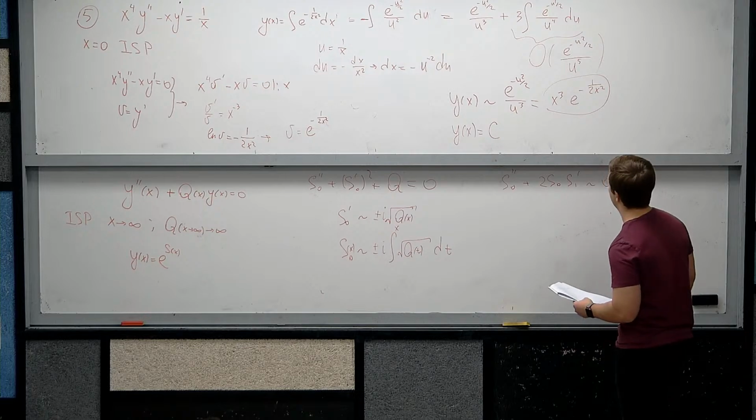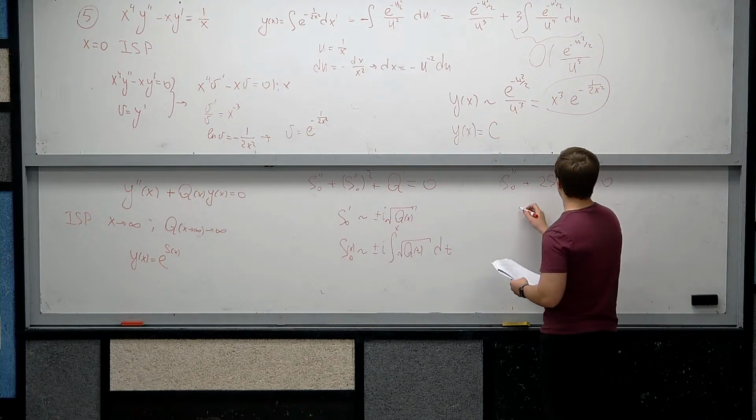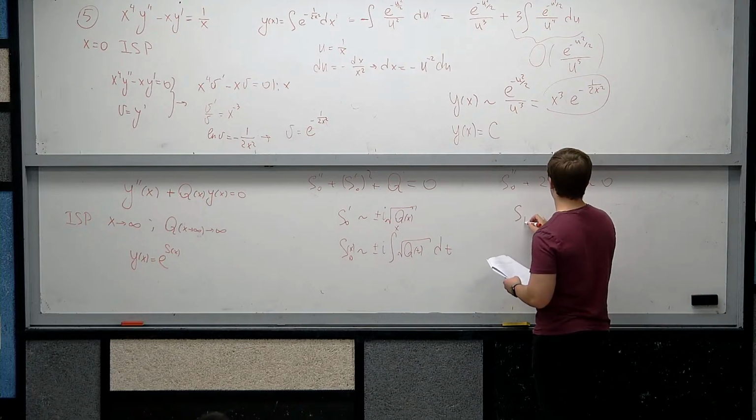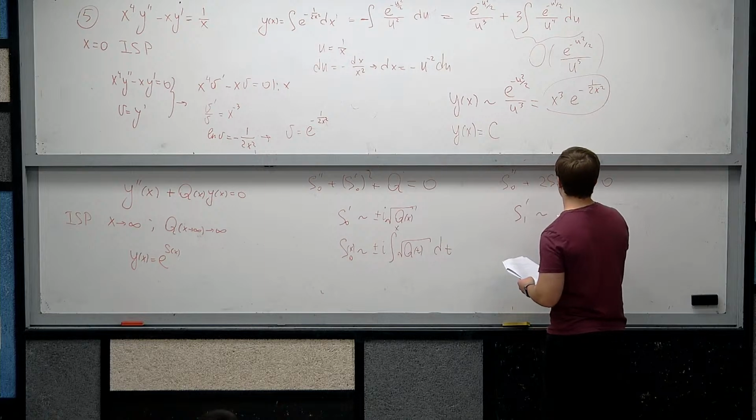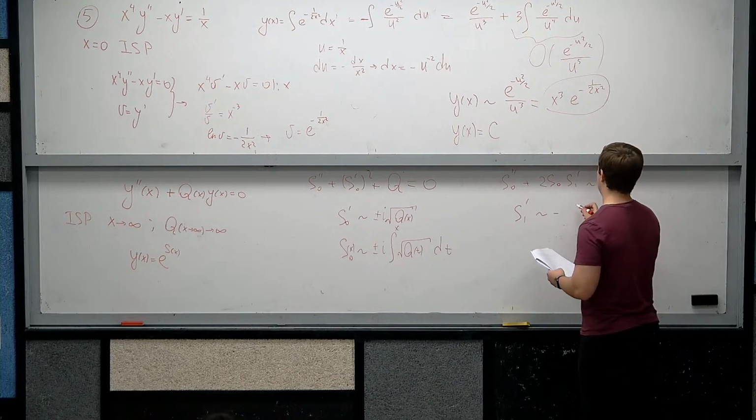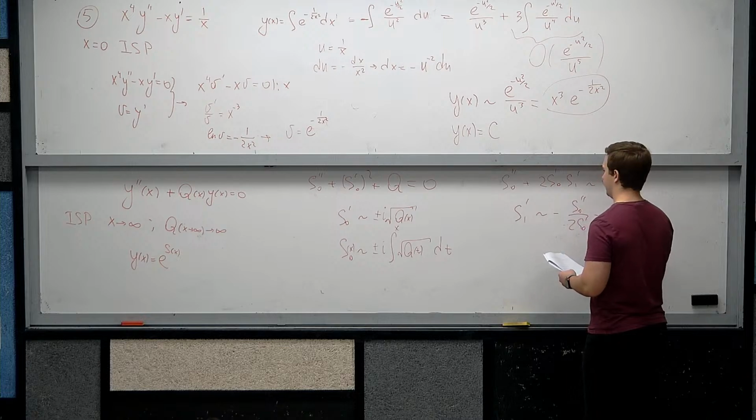Then s1 prime is asymptotic to minus s naught double prime divided by 2 s naught prime.